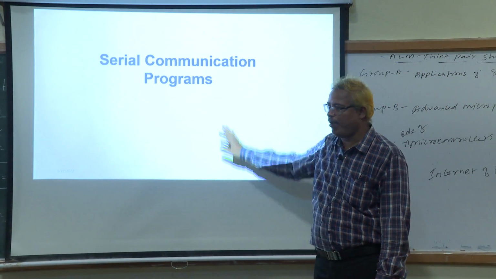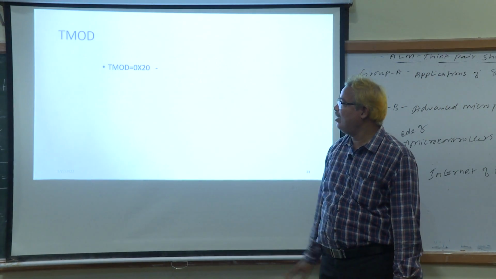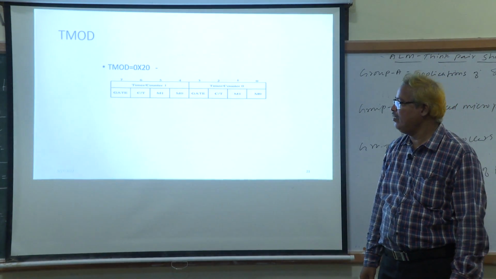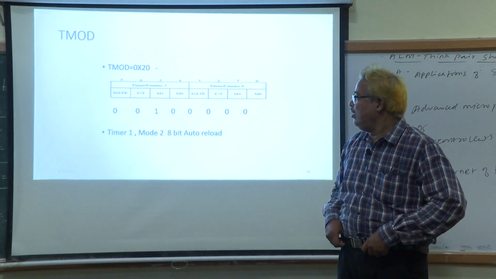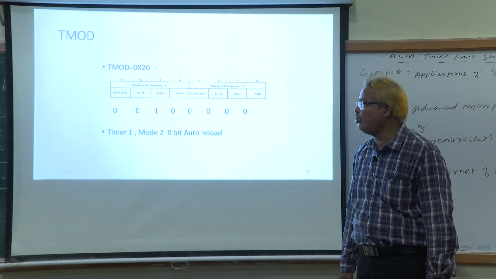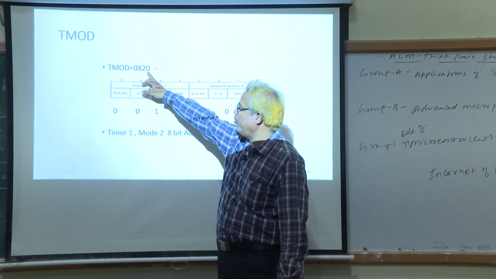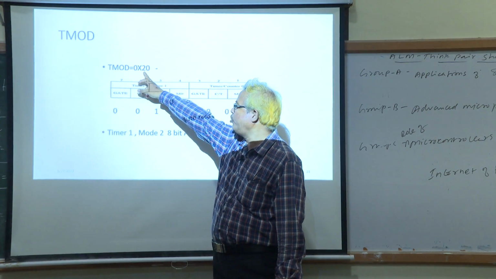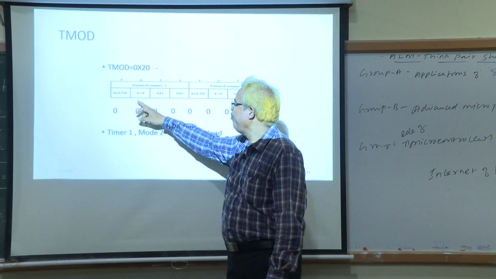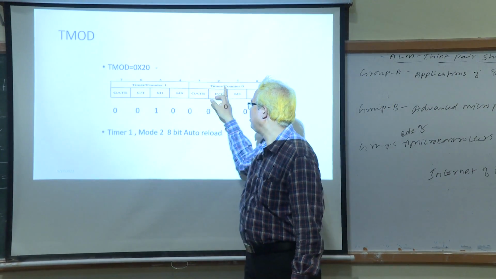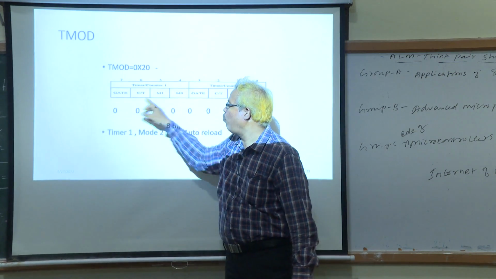Now serial communication programming. In serial communication programming, we need to set the baud rate, and for that we still use the timer. So TMOD is 0x20, which means timer 1 is used here in mode 2. Here this is timer 0 and this is timer 1.